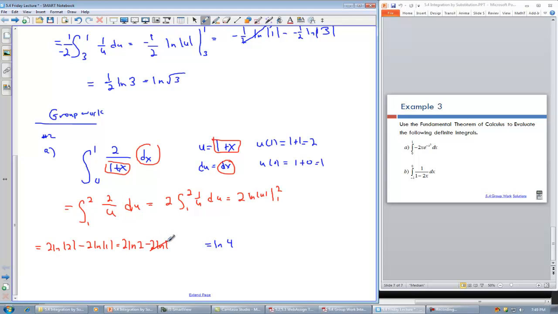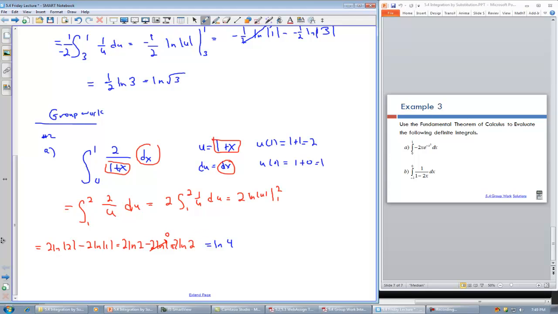And remember, ln of 1 is 0, so that term's 0. And so this is just equal to 2 ln of 2, which is really the same thing as ln of 4 because you can take this number and write it on top as an exponent. So 2 squared, so ln of 4. Both these answers are good. 2 ln of 2 or ln of 4 is fine.